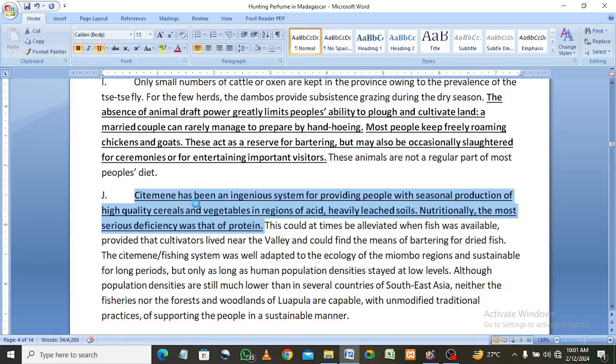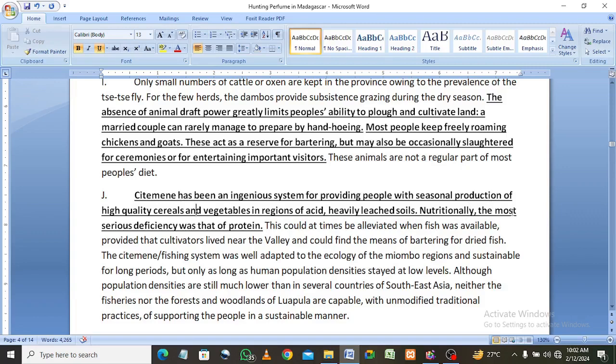They said Cistern has been an ingenious system for providing people with seasonal production of high quality cereal and vegetables in a region of acid, heavily leached soil.